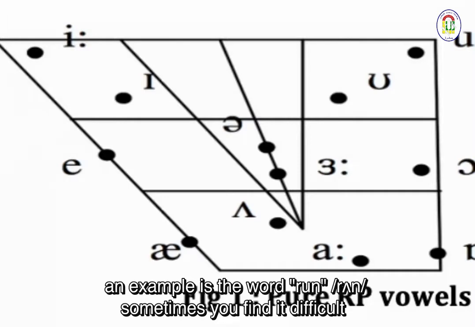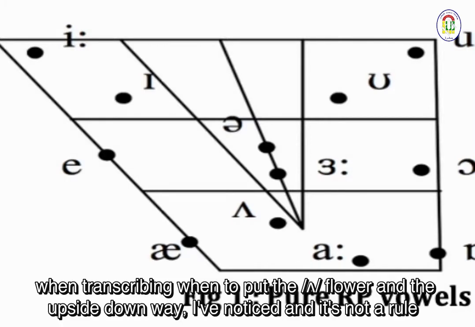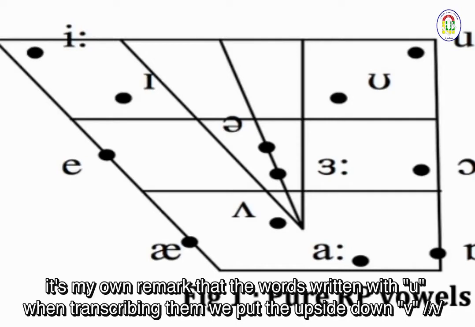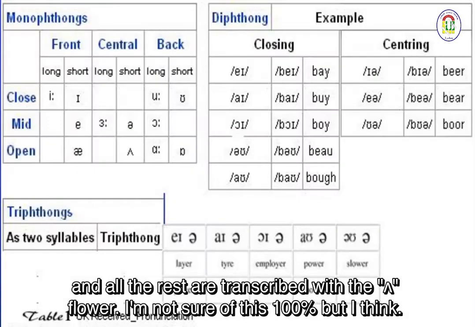Sometimes you find it difficult when transcribing to decide when to put the A flower and the upside down V. I've noticed, and it's not a rule, it's my own remark, that for words written with U, when transcribing them, we put the upside down V, and all the rest are transcribed with the A flower.